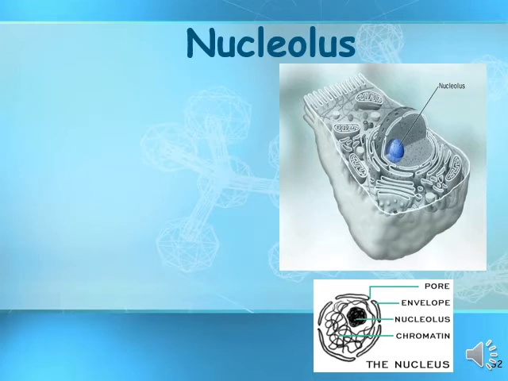Here we are observing the nucleus. It is composed of pores found within the nuclear envelope, and this is the nucleus, and this is chromatin scattered inside the nucleus.